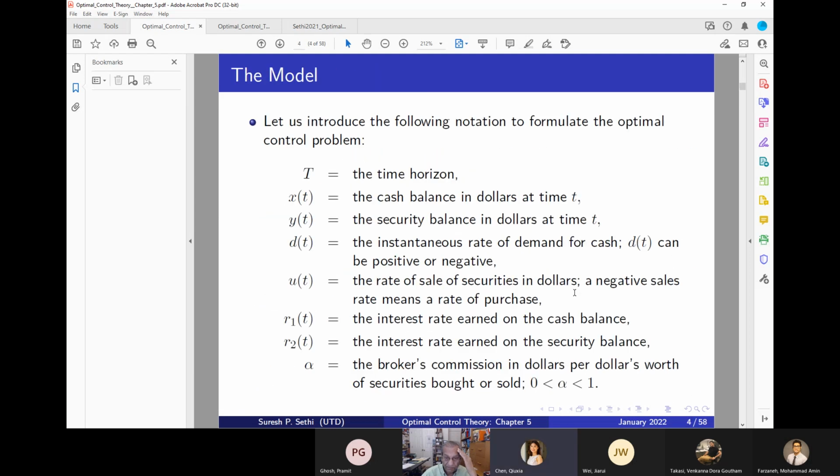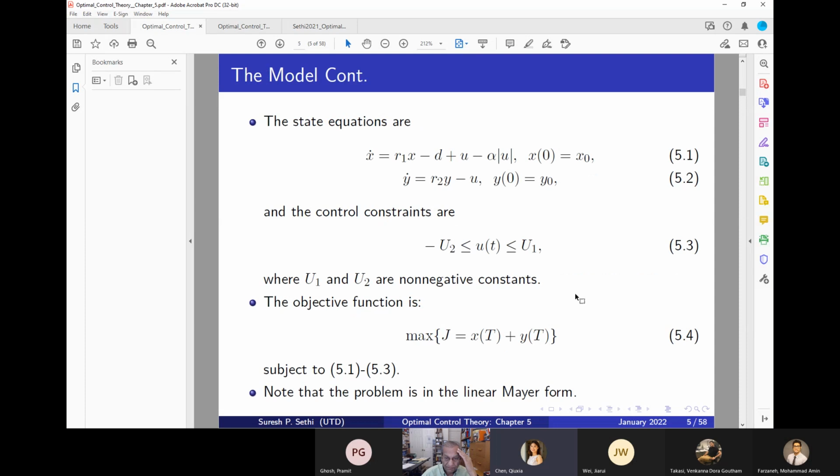Excuse me, Professor. I missed it when you were explaining the absolute value of U in the X dot. So does that mean that the broker's commission will only give that to the purchase? No, the broker's commission always goes to the broker, right? So it is negative, but let's say the broker's commission is 1%, so alpha is 0.01.